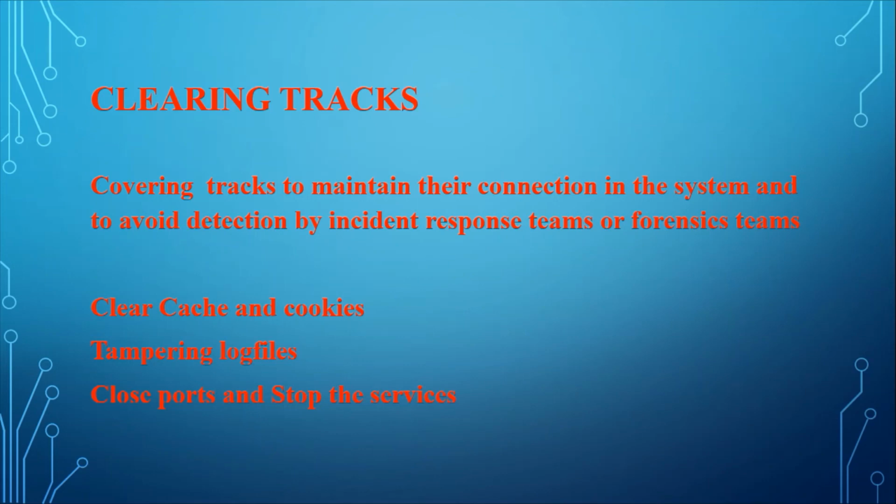If you have entered any login username and password for access, then you have to delete these log files, so the target doesn't know some other user logged onto the system. The next one is that you have to close the ports and stop the services that might have been started for installing any backdoors or rootkits.